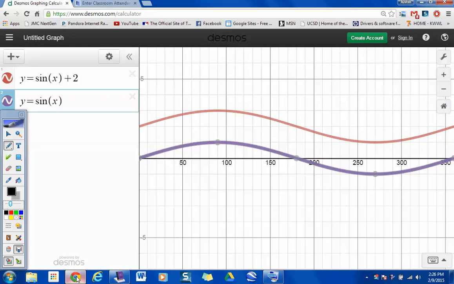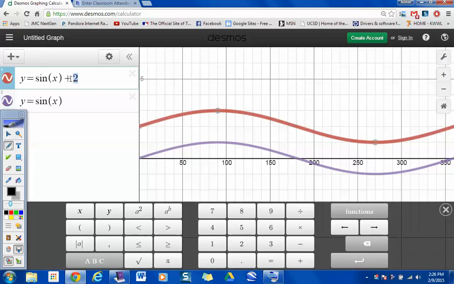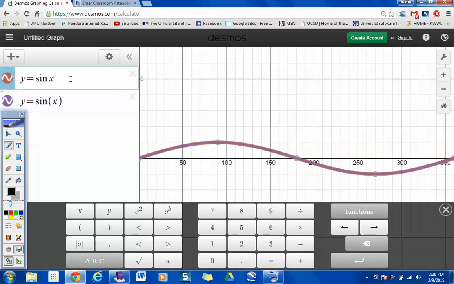What was the function that we were putting in there? The one that we just answered. Okay, here's the original y equals sine of x, right? Amplitude's 1, periods 360.